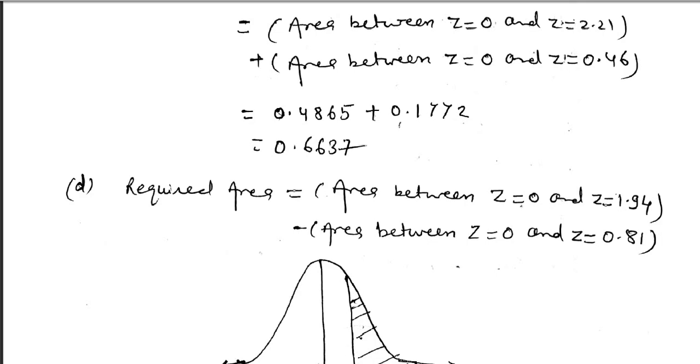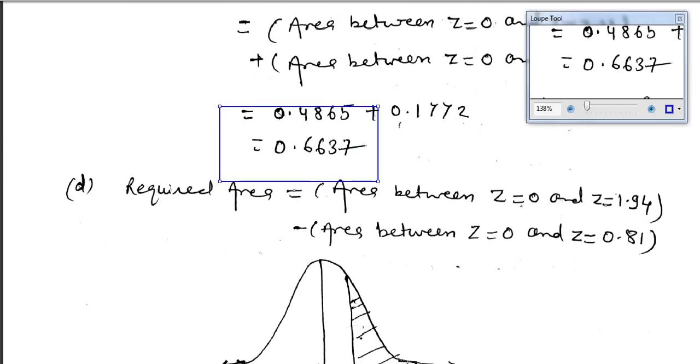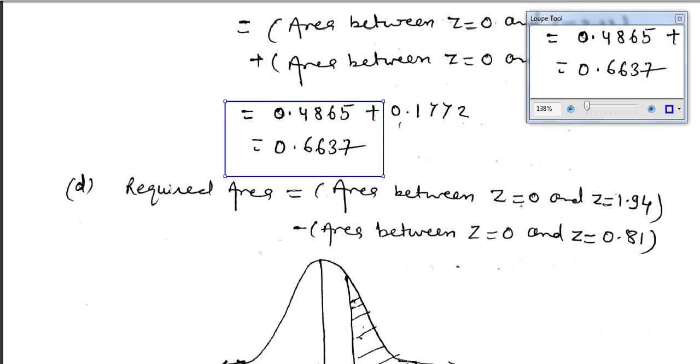Now using the normal distribution table, it is clear that the area between z equal to 0 and z equal to 2.21 is 0.4865, and the area 0 to 0.46 is 0.1772. So this is equal to 0.6633.